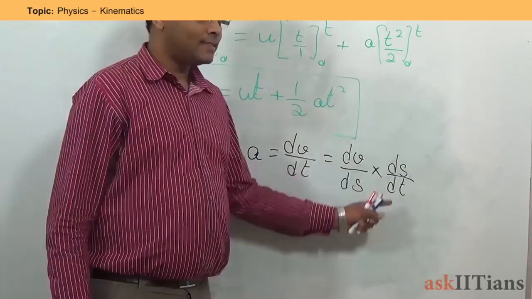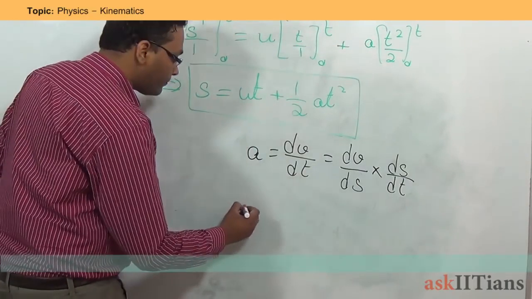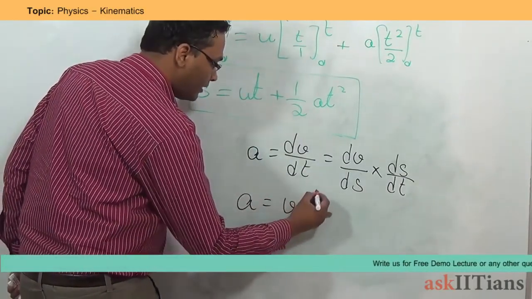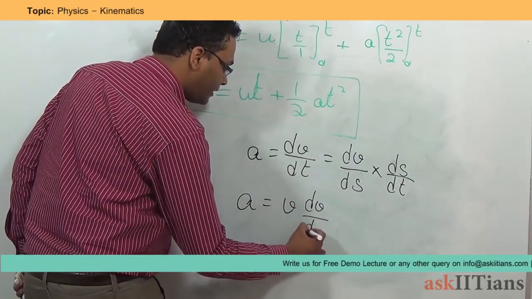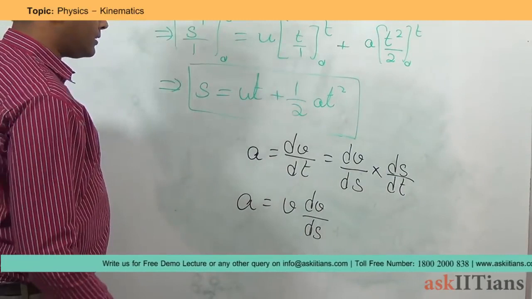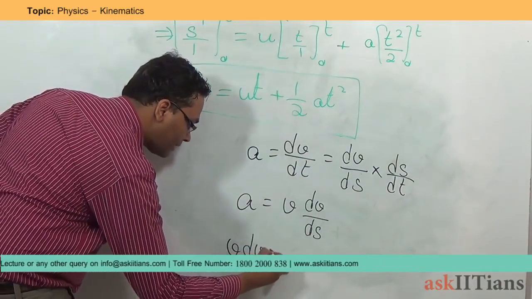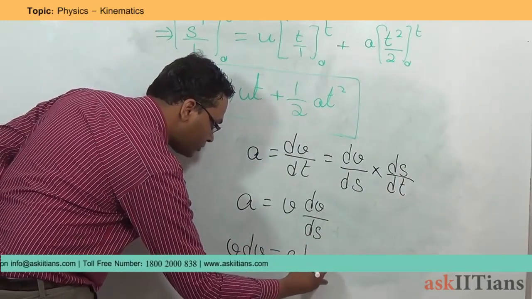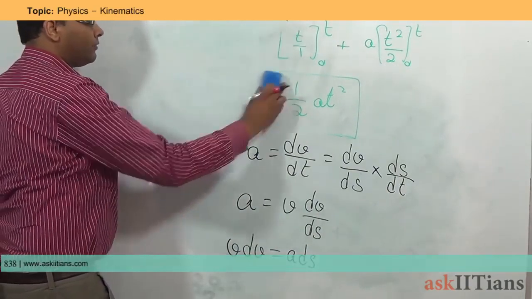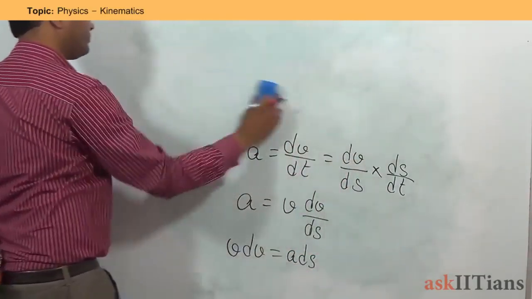Right? But what is ds by dt? That is nothing but the velocity. So acceleration can be given by v into dv divided by ds. Or if you do a cross multiplication, I can simply say v dv is equal to a ds. Clear?